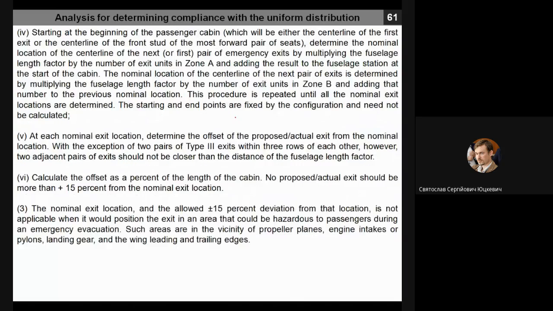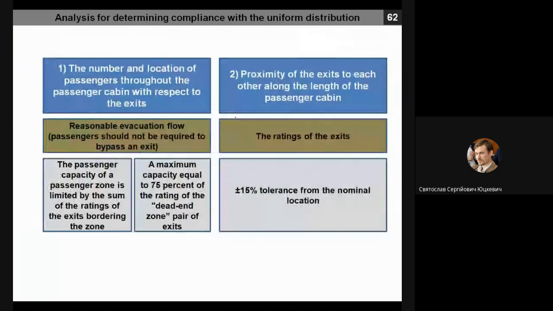Okay, so again, let's look at this table that will summarize different requirements. If we want to determine the number and location of the passengers through the passenger cabin, we said that the evacuation flow will go through the nearest exit.